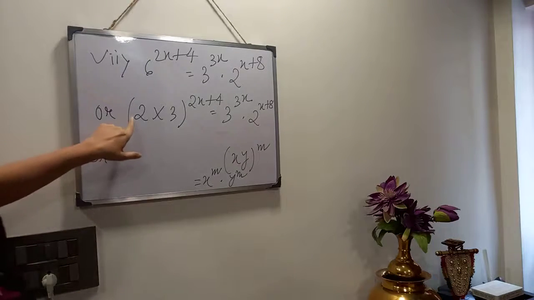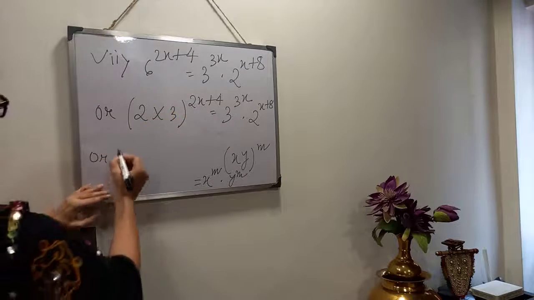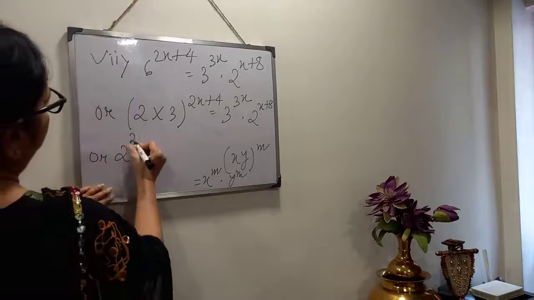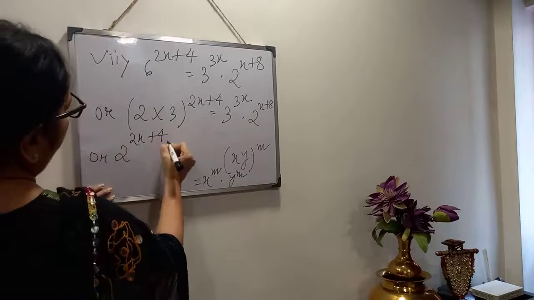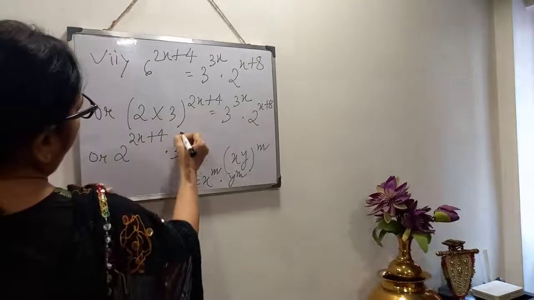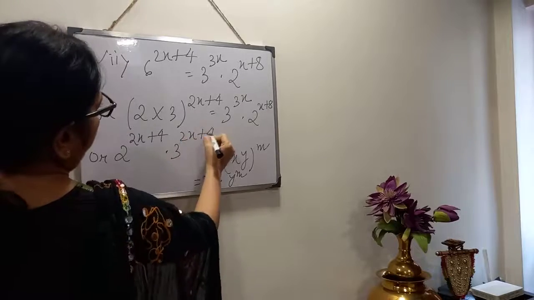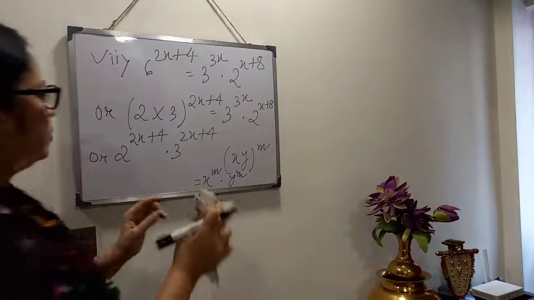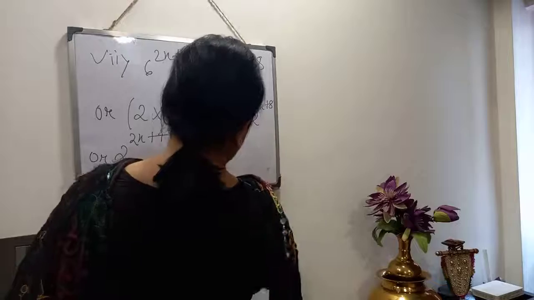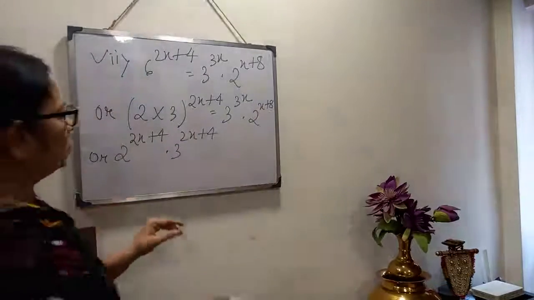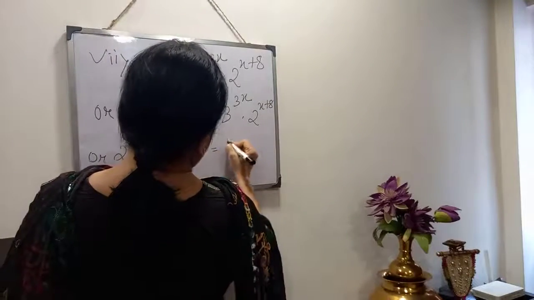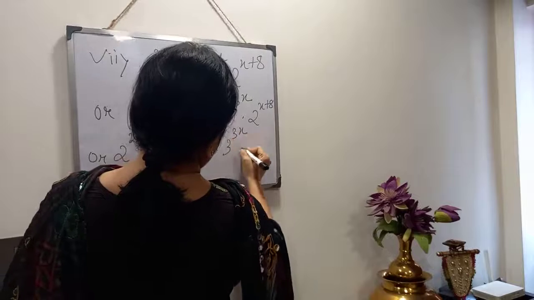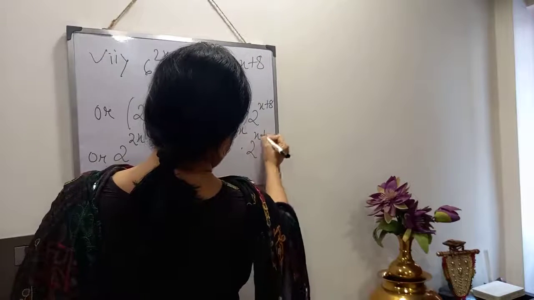So here also 2 into 3 to the power this. So you can write it in this form by this rule. Clear? Left hand side is this and right hand side 3 to the power 3x into 2 to the power x plus 8.